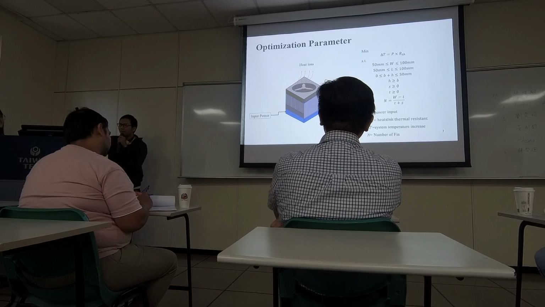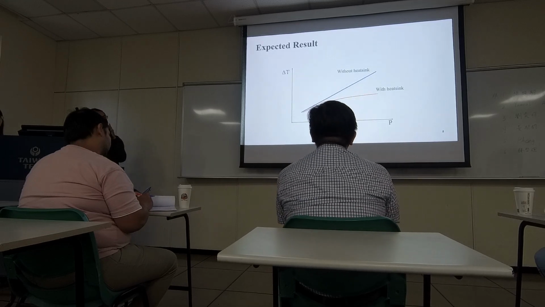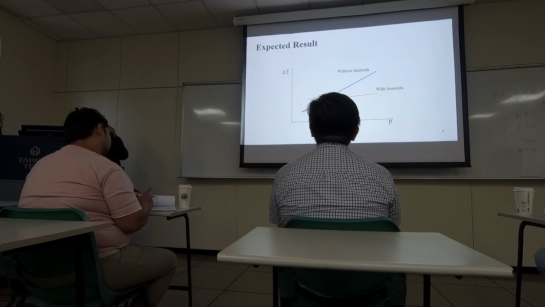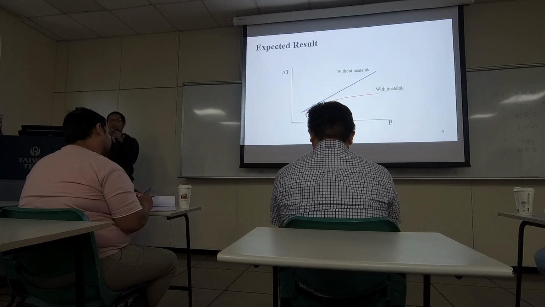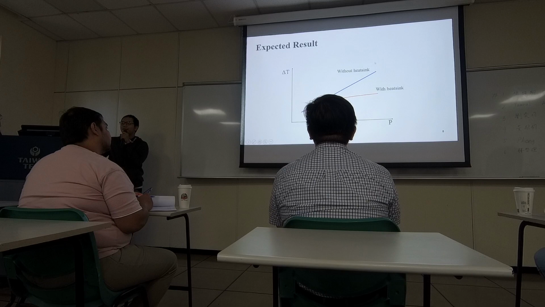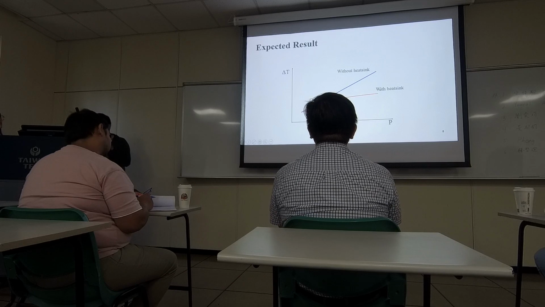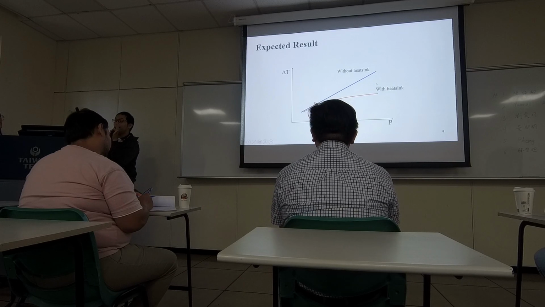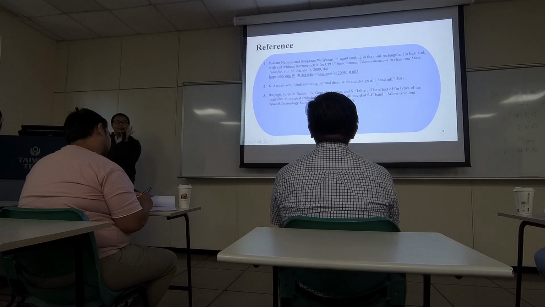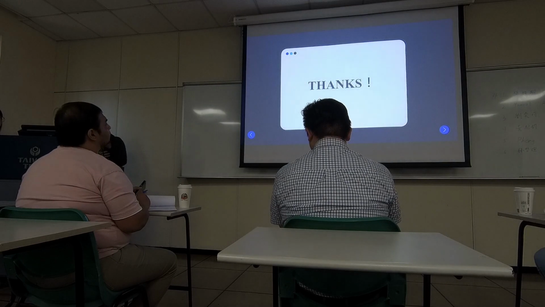What I expect here is this: the delta T, if we don't use a heatsink, will go straight up like this. But with a heatsink, we want to make the delta T as minimum as possible. That's what we plan to do here. So this is our reference. Thank you very much.